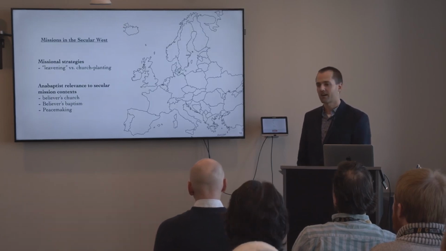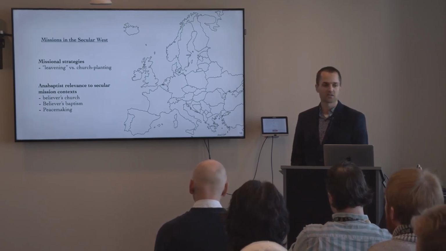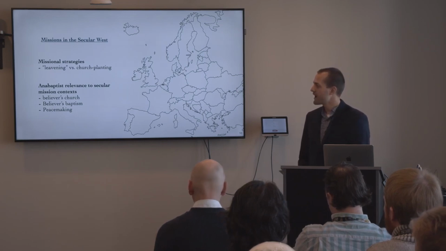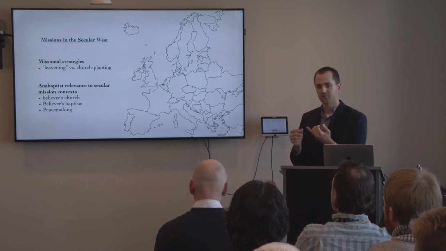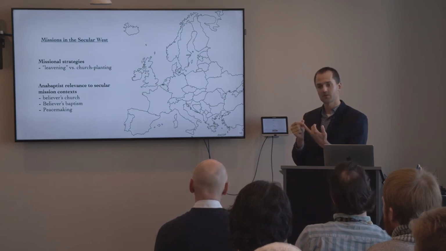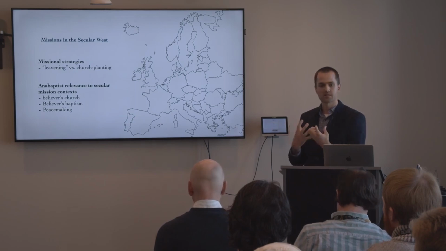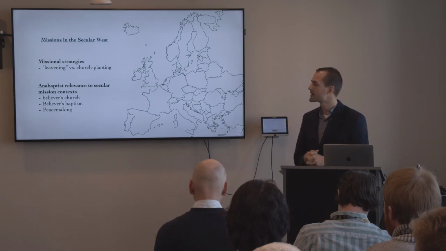So I think there's a lot of missiological takeaways from a study like this. I'll leave us with just two to think about. The first is about missional strategies. I use the word leavening to signify the approach that the London Mennonite Center took, that the Anabaptist Network took to missions, which is basically, let's build a community, we'll invite people to come to us, we'll do some teaching, maybe there are things for them to learn, and they can go back to their own churches and their own communities and take whatever they want with them back.